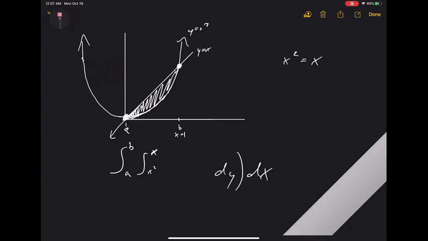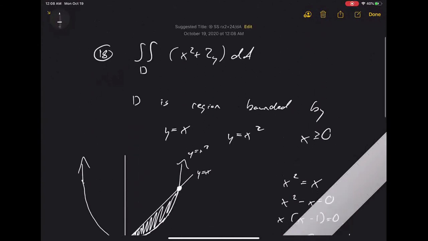So the safer way to do this, when you have terms on both sides of the equal sign, is to move everything to one side. And then factor or use the quadratic formula, however you prefer, and you get 2 solutions, x equals 0 and x equals 1. So our bounds should be 0 and 1 for x.